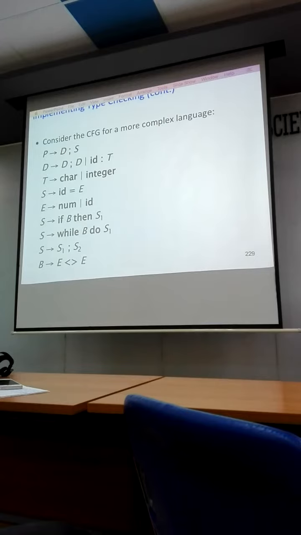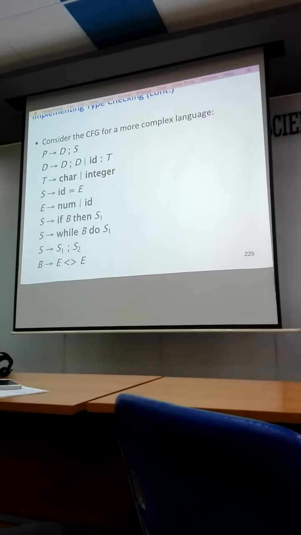Get this. If A is not equal to B, then A is set to B. B is set to A. Yeah. Obviously, using this grammar for this input, we can build two different parse trees.